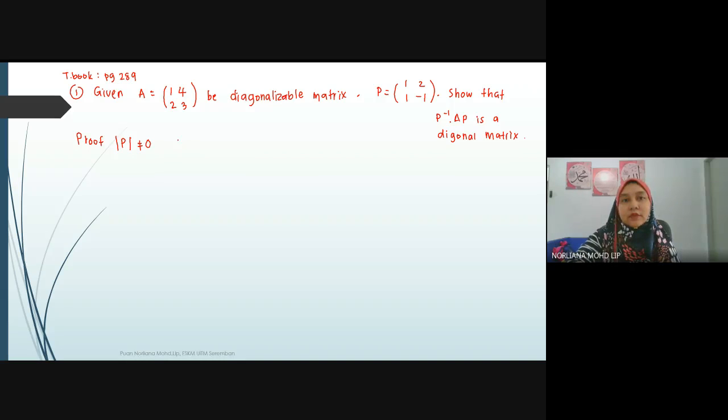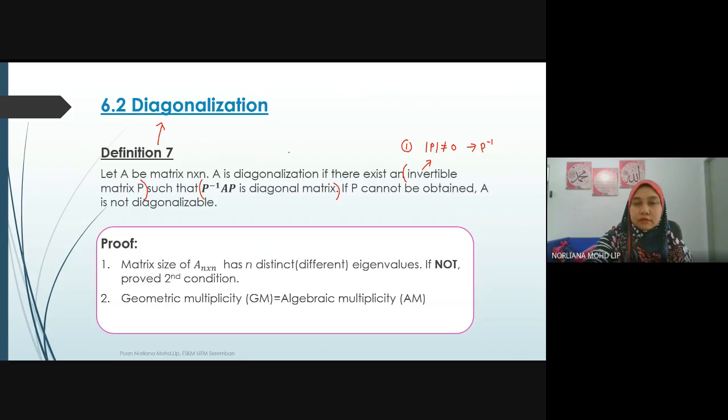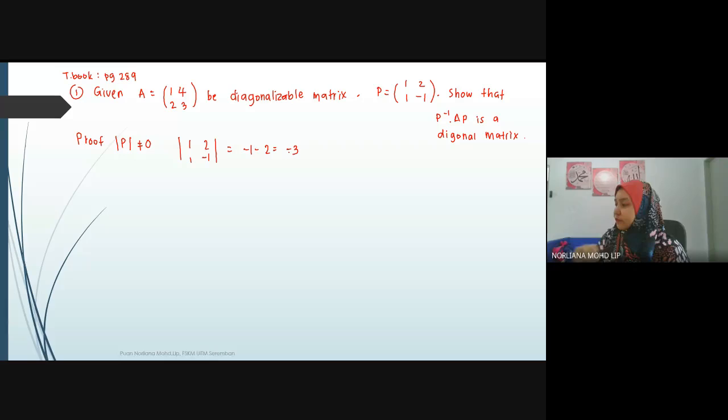So kita carilah determinant of P equal to 1, 2, 1, negative 1. Negative 1 minus 2 kan, equal to negative 3. So kita kena proof ni lah. Therefore, P is invertible.